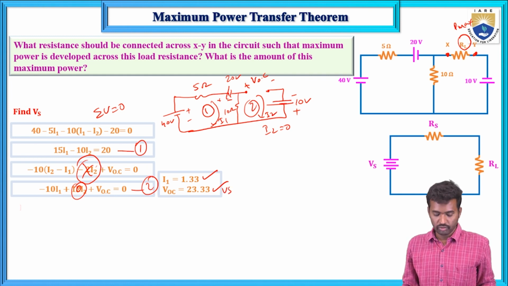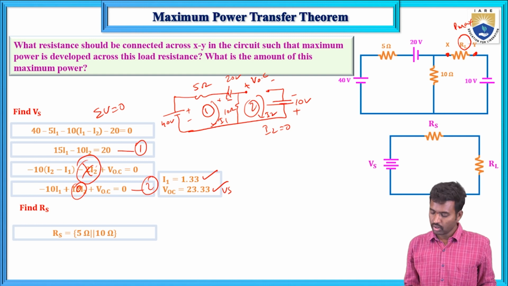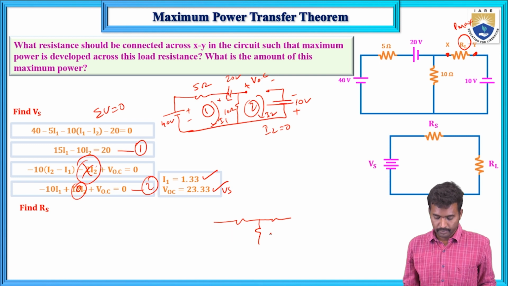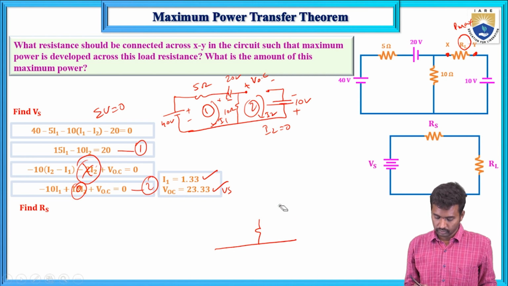Now for the RS value, remove the load resistance from the given circuit, with 40 volts and 5 ohms, this one R1, and 10 volts and 10 ohms.